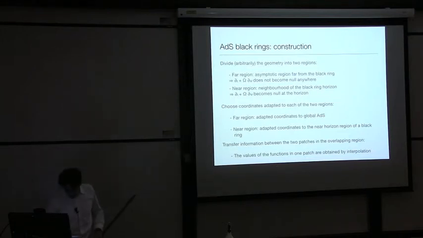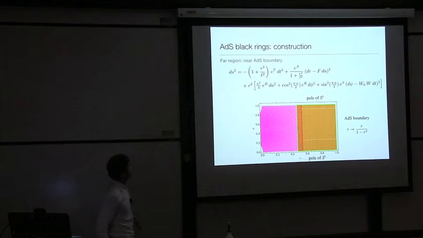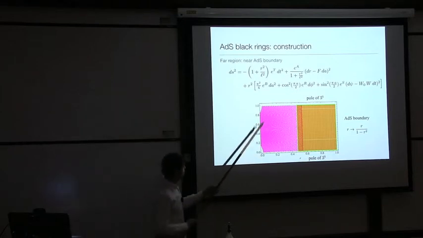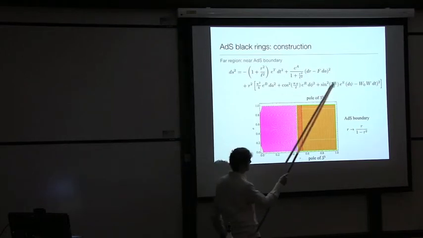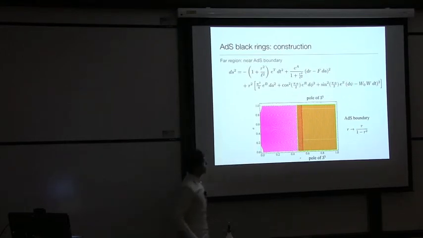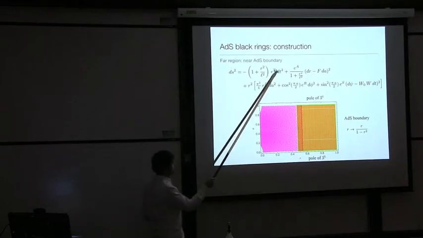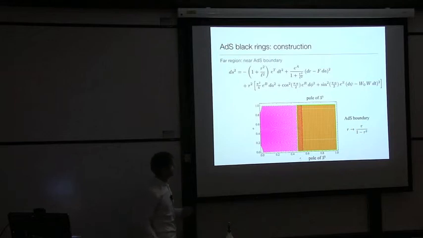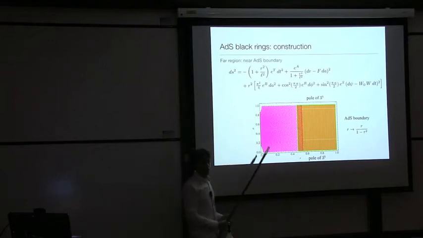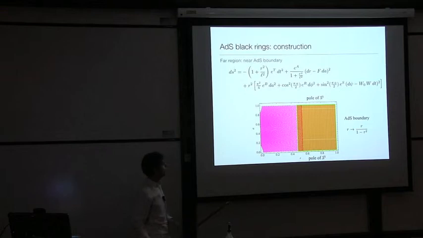So the way to do it is the following. In the far region, we write down the most general metric, which is closed under diffeomorphisms that preserve the symmetries that we want to preserve, namely time translations, and rotations in this direction and this other direction. Here, these functions T, A, and so on and so forth are unknowns, and if you set them to 0, then this is just the metric of global AdS, okay?